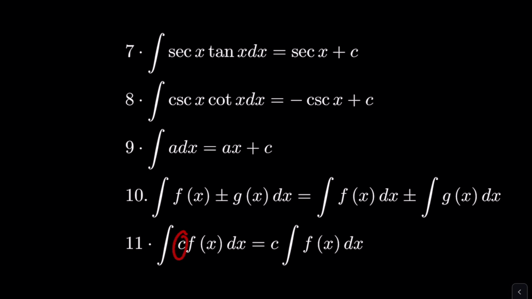If you have a constant multiplied by any function and you want to find the antiderivative of c times f, then you can simply put the c outside of the integral sign, and the indefinite integral of cf is going to be c times indefinite integral of f.